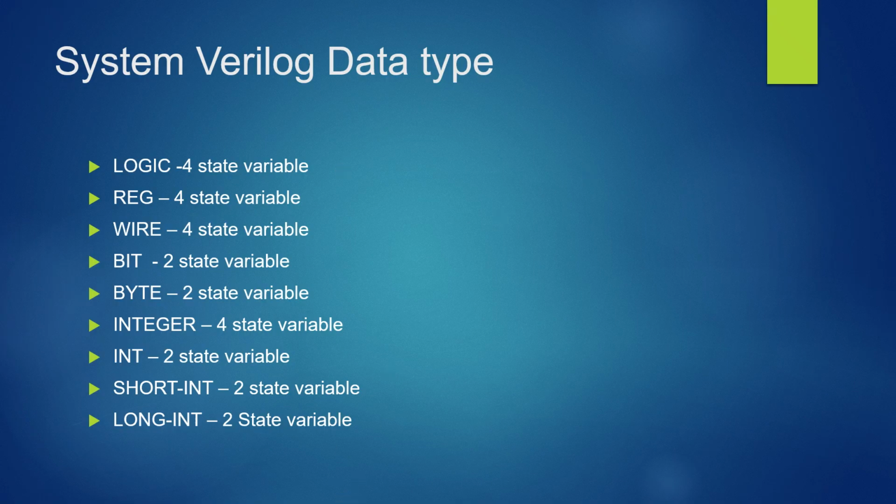So we'll be having a variable. Okay, a is a variable. How the variable a should behave in the entire simulation is decided by our data type. So if we put logic a, it will behave in some way. If we put int a, it will behave in another way.